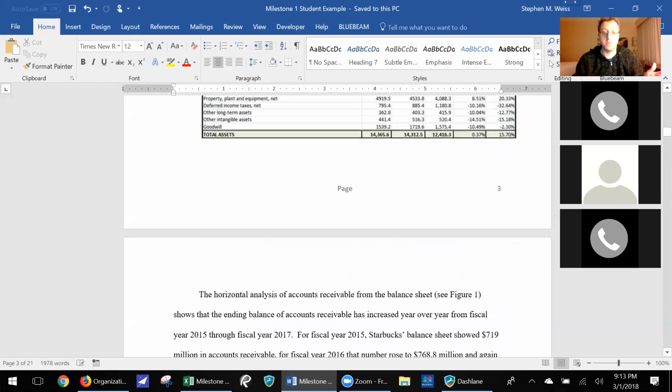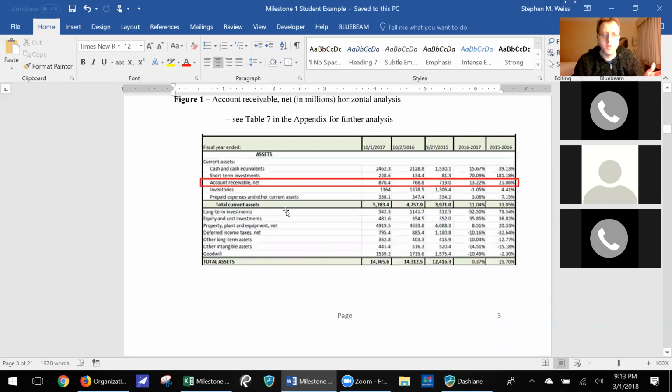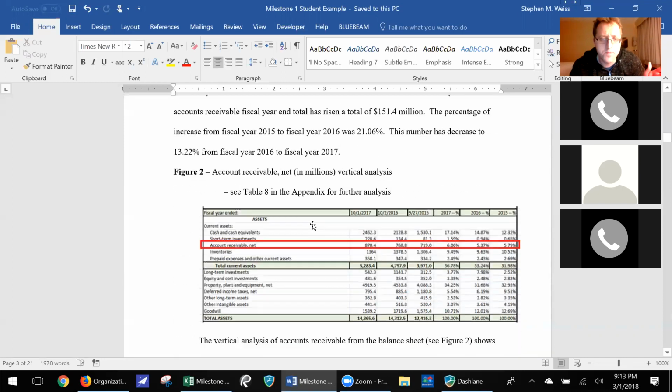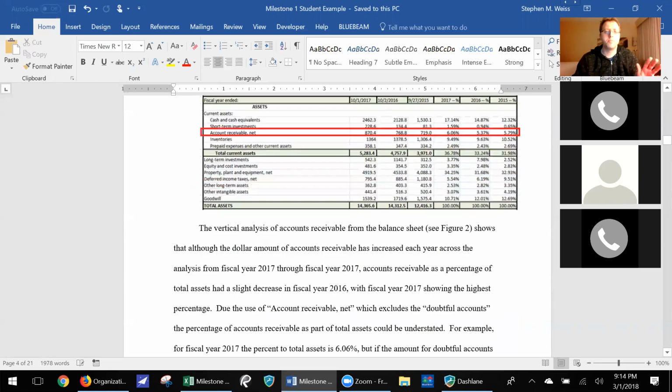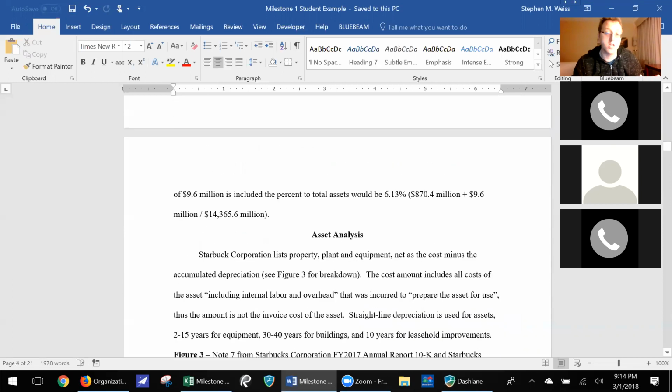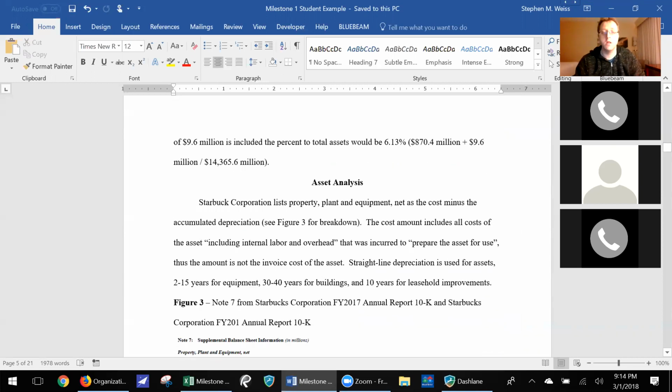This was the horizontal analysis, and then she also included a vertical analysis piece based on total assets. So here is the information right here. Then she explained it, and she did the same thing for the asset piece. Then she did the same thing for the debt piece.